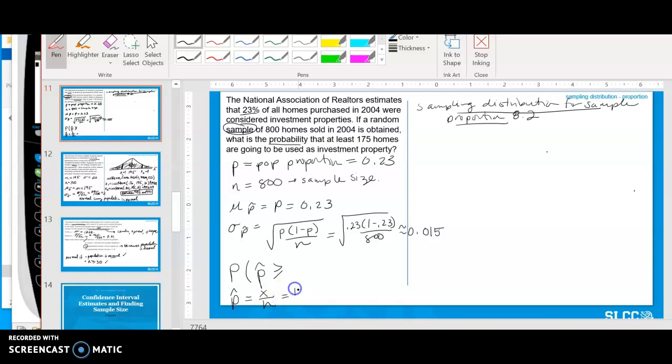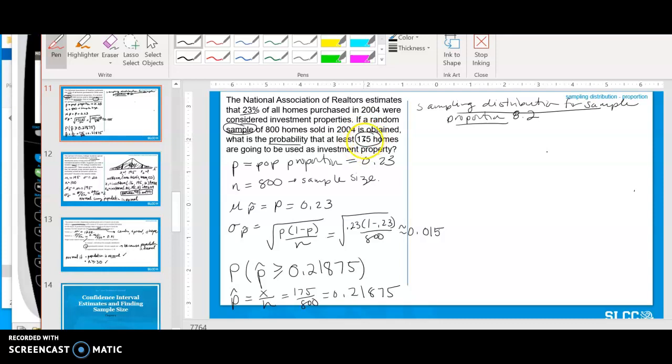So it's going to be 175 over 800, which in this case is 0.21875.